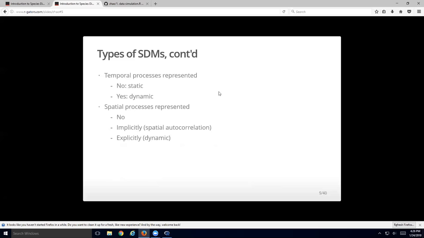But except for the most basic spatial information, we can also look at spatial autocorrelation between your spatial units, and we can also explicitly incorporate spatial processes such as immigration and emigration in model structures, but those are very advanced and complicated models.